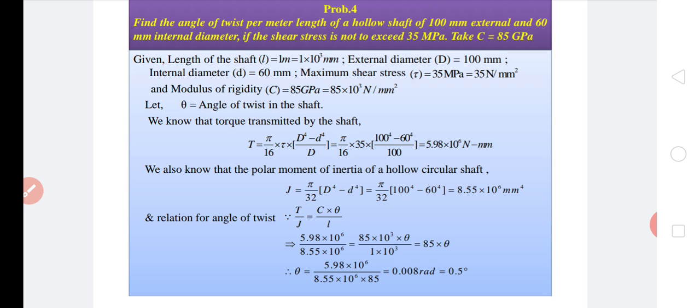From the torsional equation T upon J equals C theta upon L, theta equals T into L upon J into C. So theta finally we get 0.008 radian. From this radian we change the mode of calculator, and we can easily find 0.5 degree. This is the answer of problem number 4.